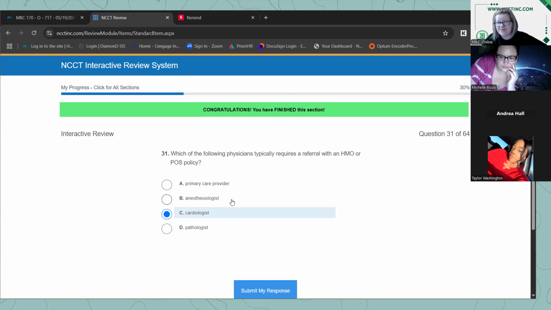Anesthesiologist is not somebody you're going to see directly. They'll be involved in a procedure if they need to be, but it's going to be the cardiologist that lines up the anesthesiologist. You see what I'm saying? And then the pathologist, that's just labs and stuff, so you're not going to need a referral for that either. Your PCP could send you off for labs without a referral.